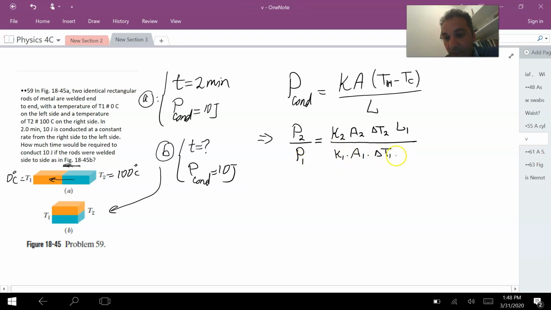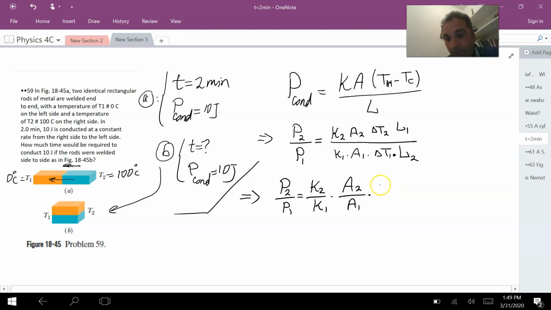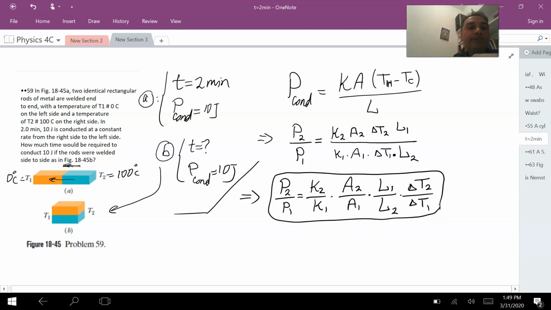See, everything is 1, but L will be opposite. Usually, I don't like it written like that. It's this: P2 over P1 equals K2 over K1 times A2 over A1 times L1 over L2 times delta T2 over delta T1. This is the ratio equation, okay?